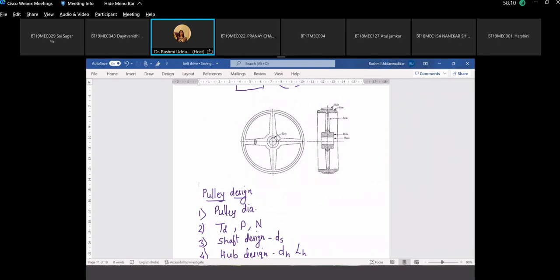It is fixed at this end with the elliptical cross section, and this length of the arm, this outermost radius is the radius of the pulley, and this innermost radius is the radius of the hub. And so this capital D2 minus DH upon 2 becomes the length of the arm. So it is this force into the length which is giving us the bending moment for this arm. And we are assuming, since it is not a cantilever beam, it is also attached at the other end, that only half of the arms are sharing the load, which is also written in the design data book.